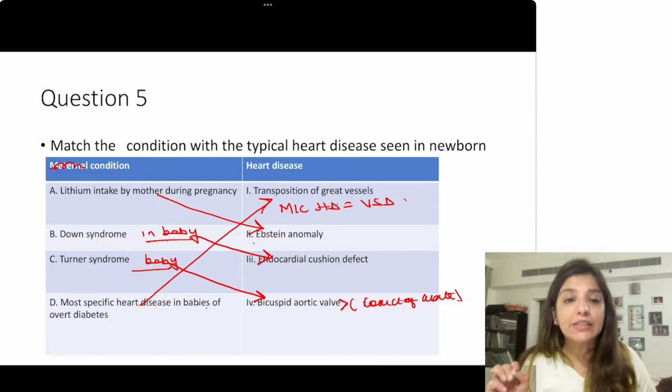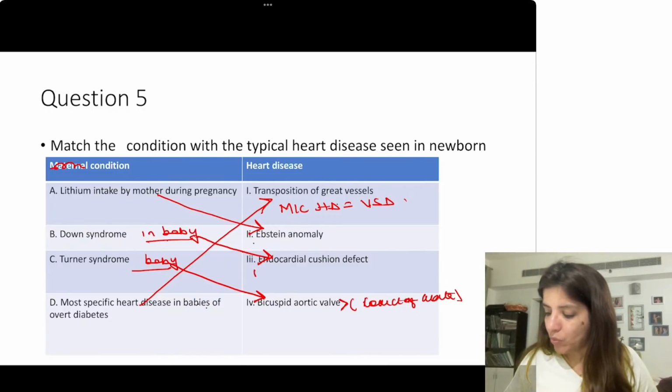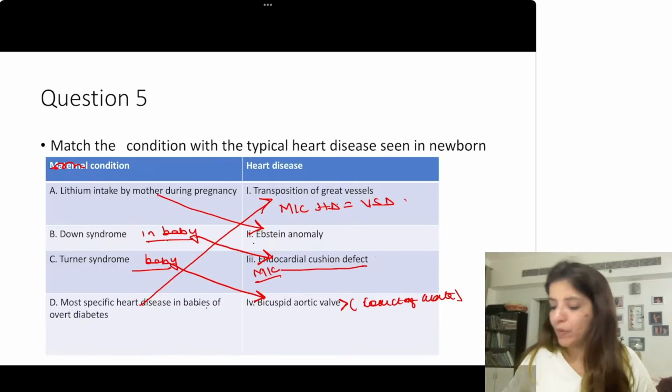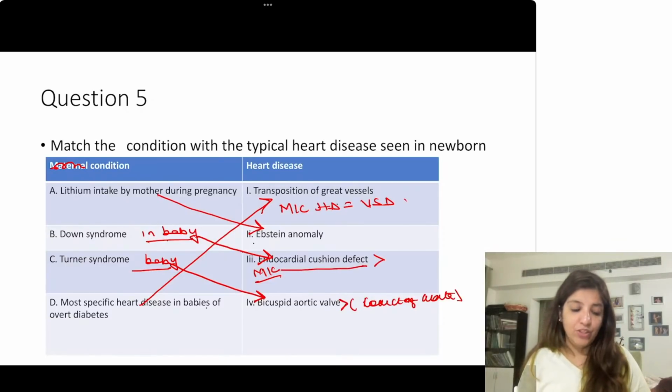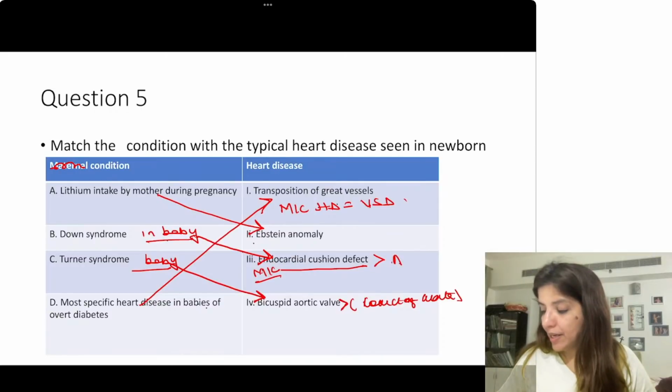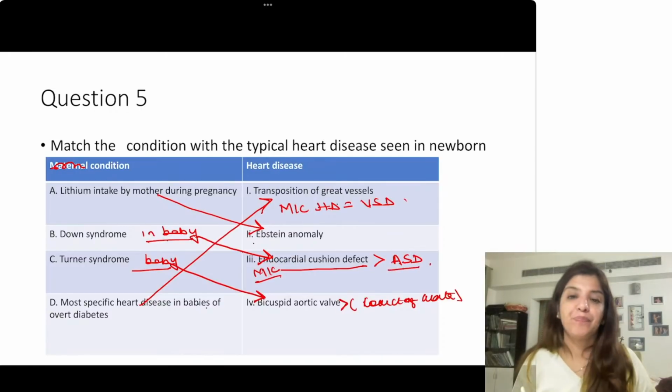Now tell me, in Down syndrome, the most common one is endocardial cushion defect. Which is the second most common one? In Down syndrome, most common is endocardial cushion defect. Which is the second most common? Second most common is ASD. Right?